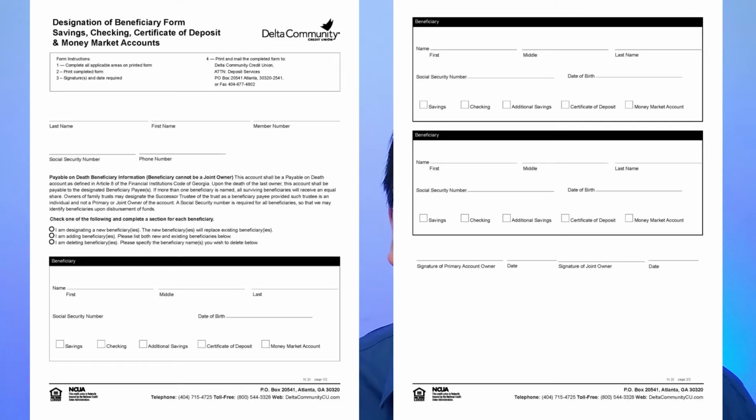I want to point out that every financial and banking institution will have a different looking POD form. Some you have to fill out in person, some you can fill out online, and there are some where they will email you the form. You fill it out at home, you scan it, and then email it back to the financial institution.